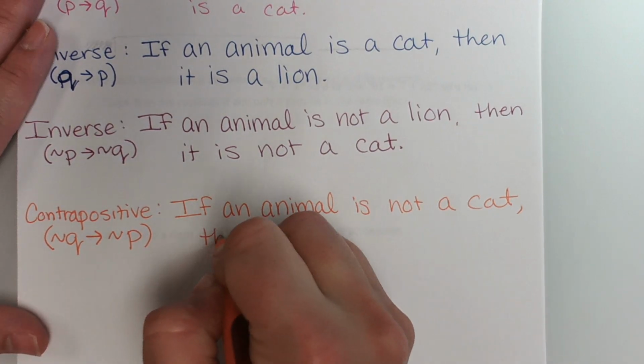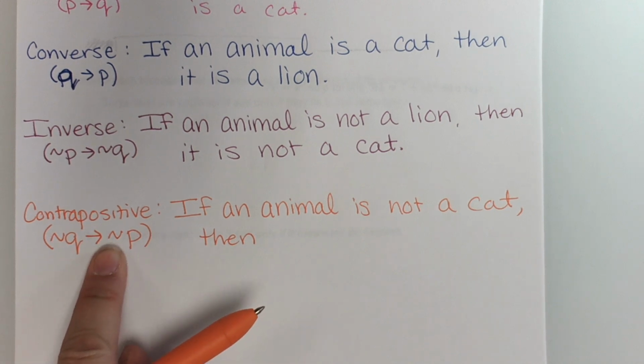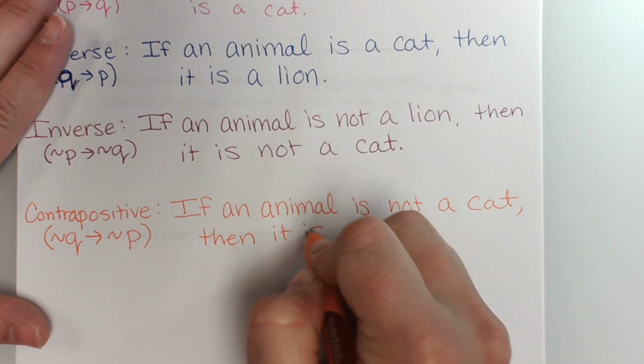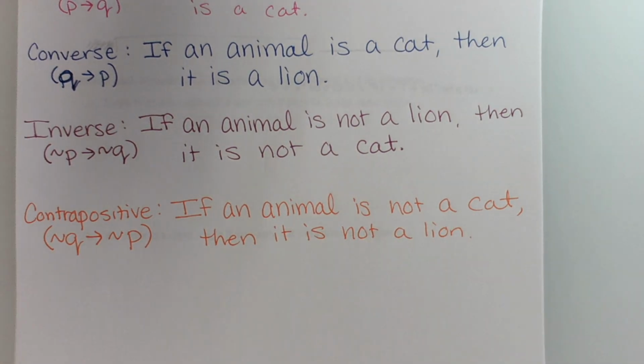Then, not P is it is not a lion. That is our structure of today.